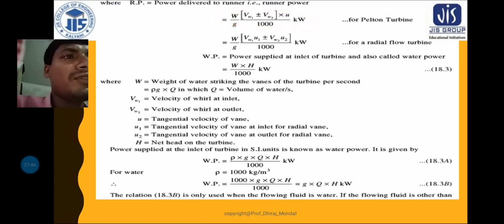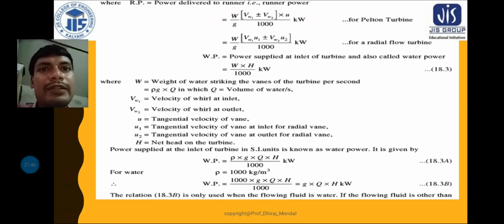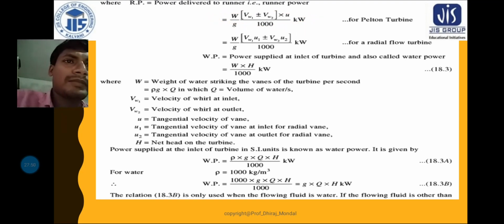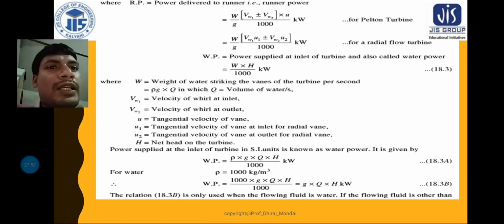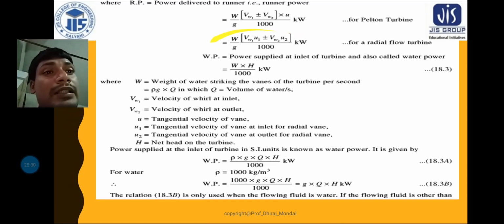Now if I am talking about the radial flow turbine, again you need to go to the impact of jet chapter where I have discussed this part. So the runner power in case of a radial flow reaction turbine can be written as W by G (VW1 U1 plus minus VW2 U2) by 1000 in terms of kilowatt.